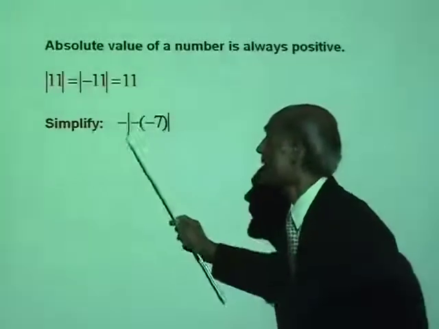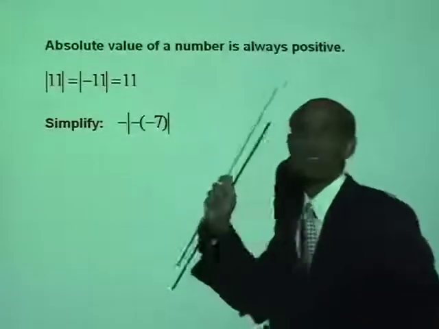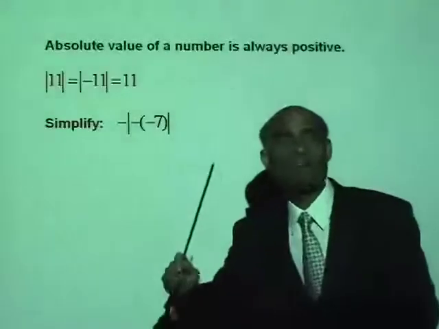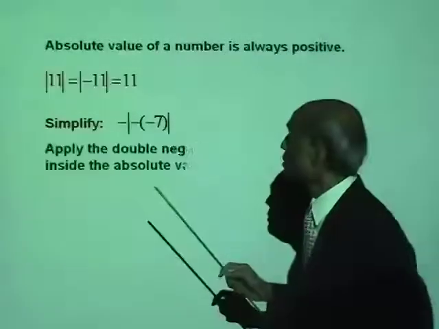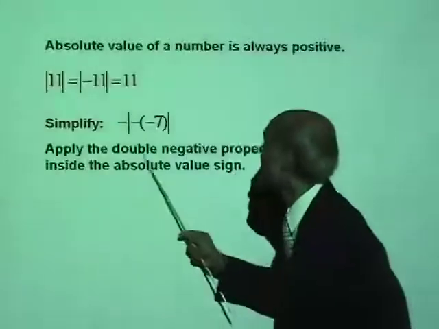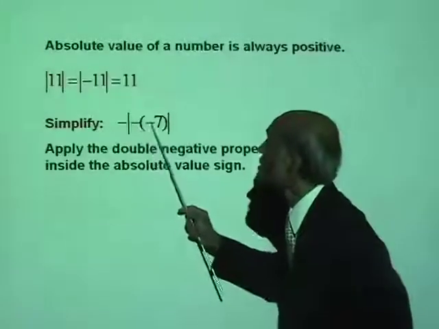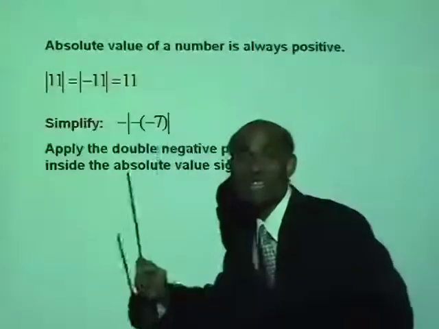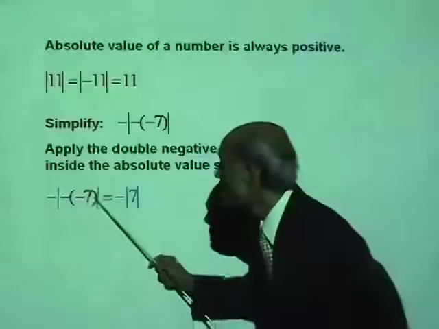Now, let's simplify this number. Negative of absolute value of negative 7. Tell me, where will you start the simplification process? You will start by applying the double negative property inside. Negative of negative 7. What is negative of negative 7?